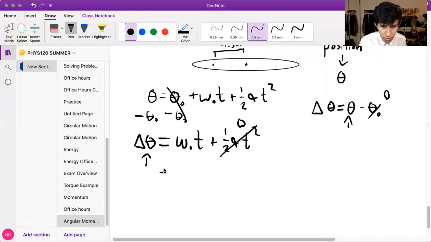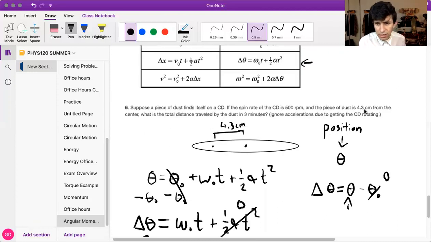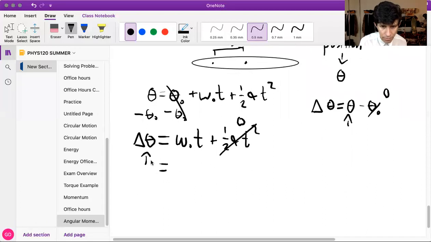So we know what the angular velocity is. It's 500 RPM. I'm going to keep the units because if it turns out that I need to convert, then I will, because I'm not sure if I have to, times time. And then this is theta.